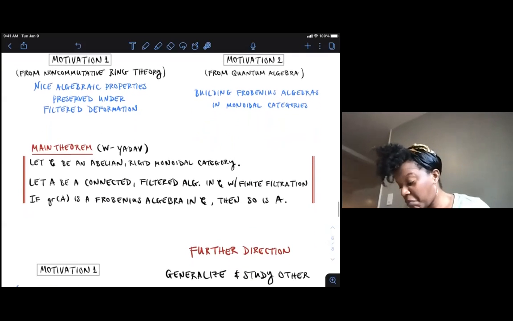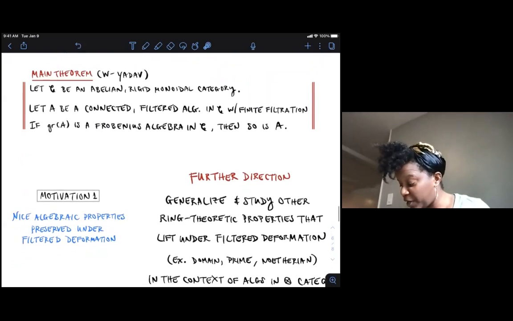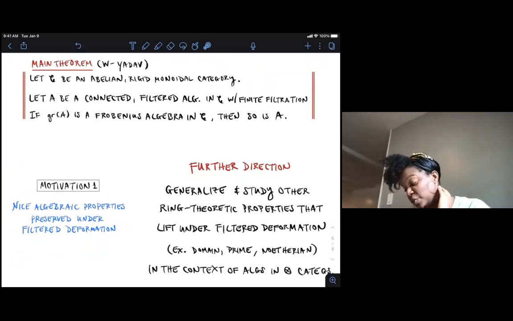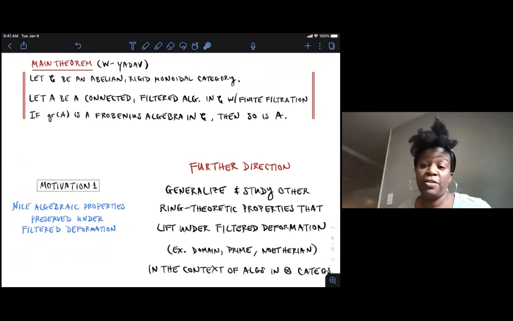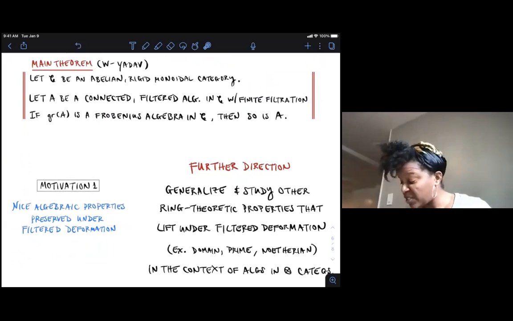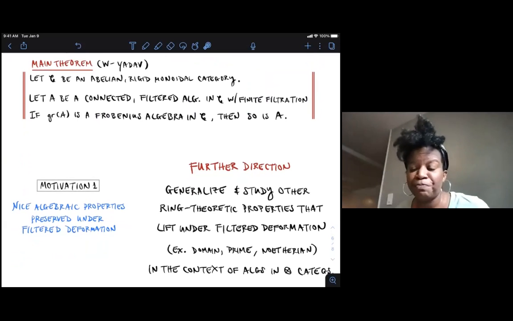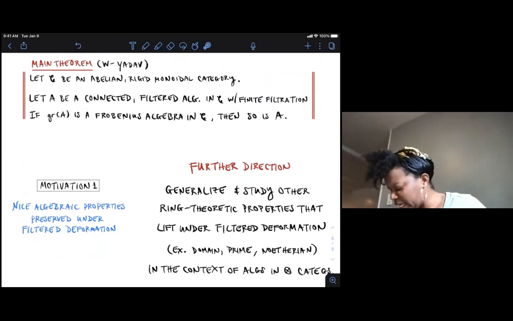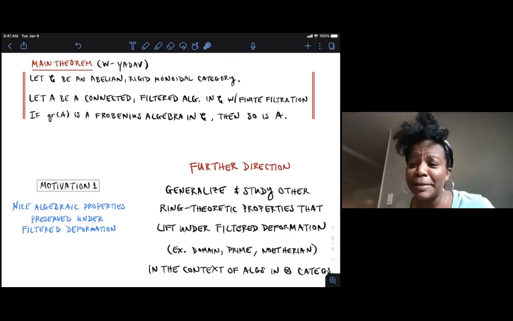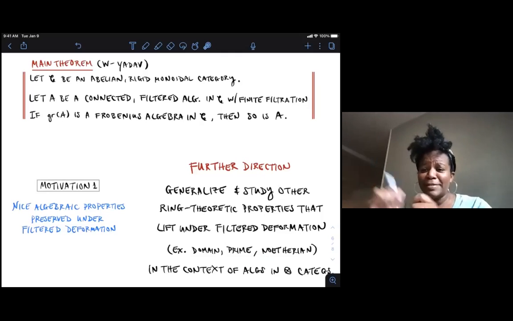Now, from the perspective of ring theory, it might be interesting to consider other ring theoretic properties that are nice, especially those that are preserved under filtered deformation. Is there a nice categorical version of being a domain, prime, Noetherian? I don't know about domain. I think that will be kind of hard, but I think prime and Noetherian could be done because this involves ideals and chains and inclusions.